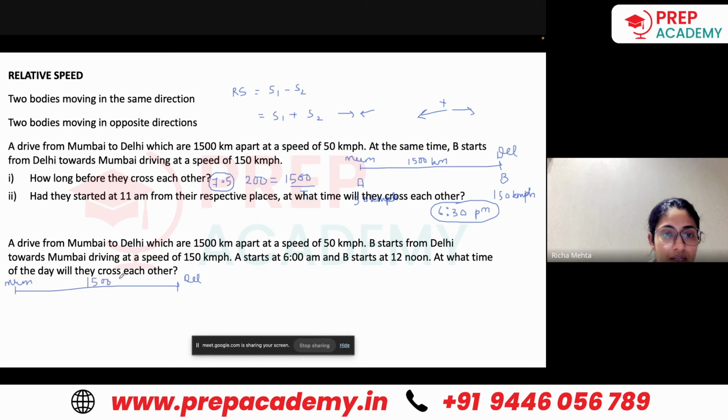Now A starts from Mumbai at a speed of 50 and B starts from Delhi at a speed of 150. But A starts at 6 a.m. and B starts at 12 noon. That's 12 p.m. At what time of the day will they cross each other?